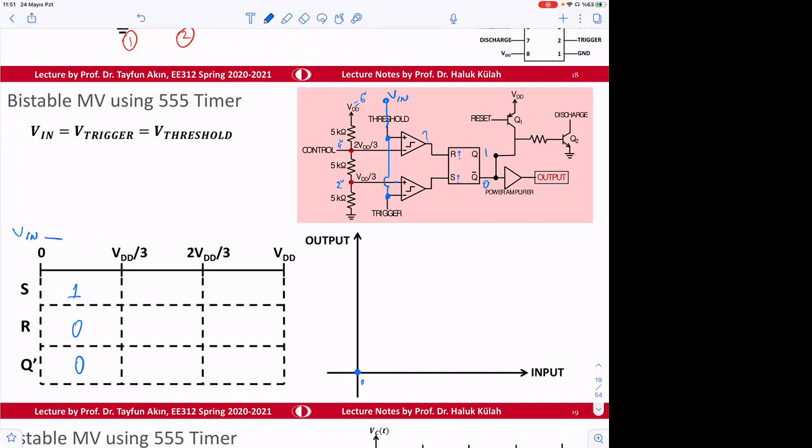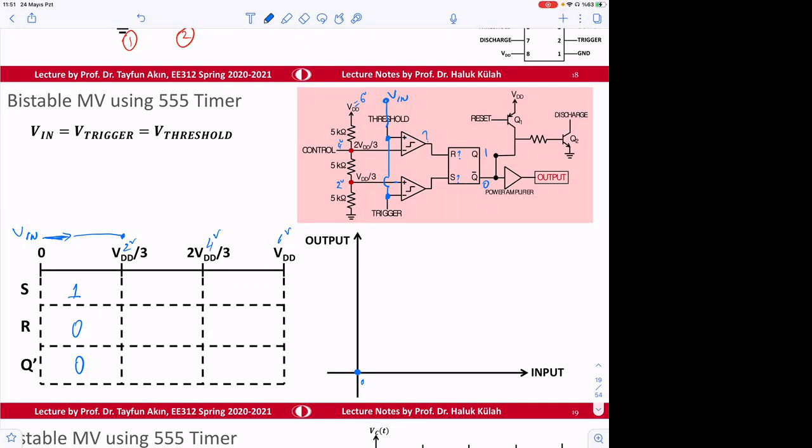So let's say Vin increases. When Vin increases, there's going to be a change when we reach this point. Let's say this is 2 volt, this is 4 volt, this is 6 volt. So what happens? What does change when input goes beyond 2 volt?